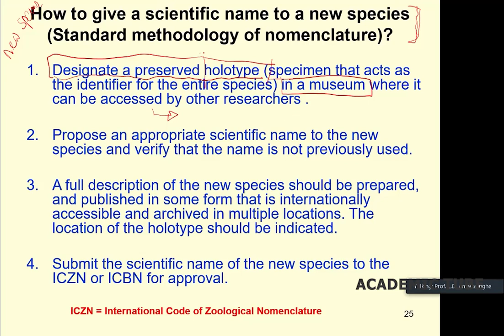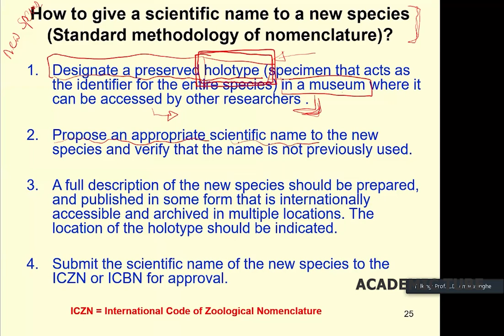It is the deposition of the specimen in a museum. We call it a holotype. So what does a holotype mean? It is the specimen which is new to the world and going to be described. Until then, you deposit it in a museum for others to access, the holotype. Then you can propose an appropriate scientific name for this particular holotype.